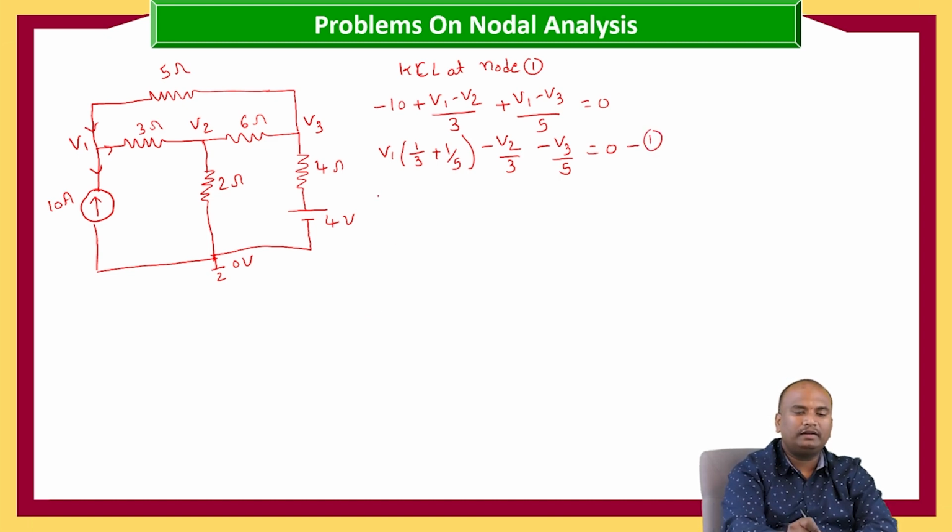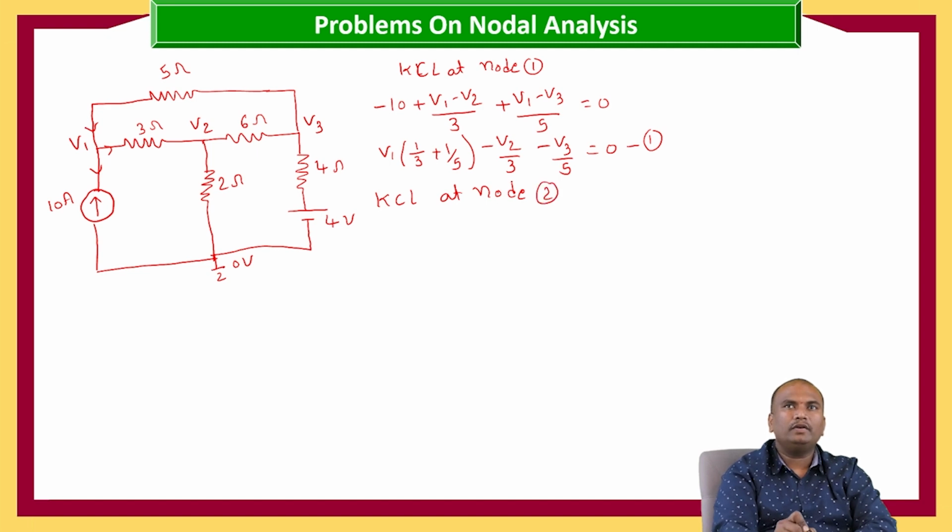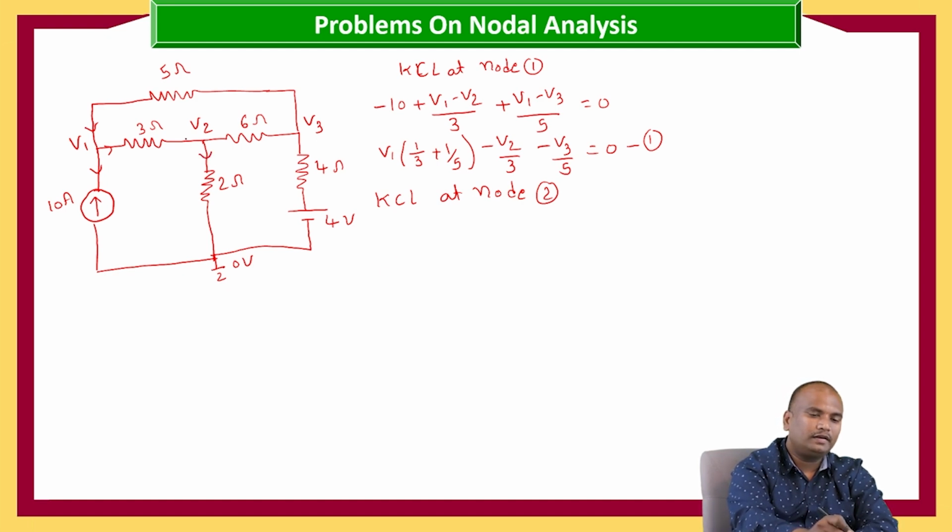Now let us write the KCL at node 2. All the currents are leaving from the node.